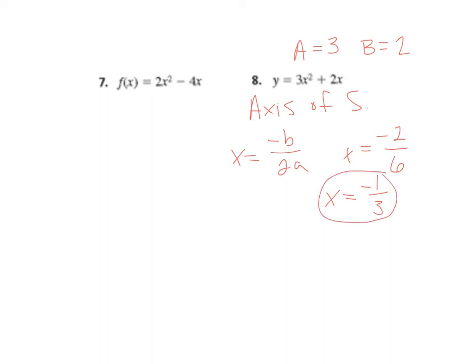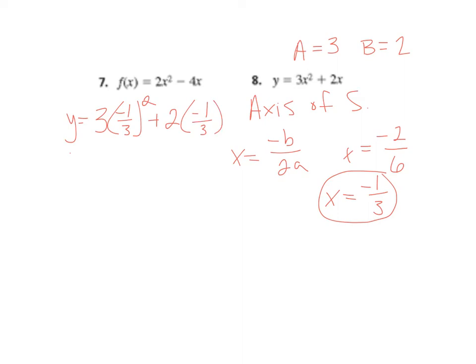And now to figure out our vertex, we're going to plug it in. Anytime we see an x, we're going to put in -1/3. So we're going to have y equals 3 times -1/3 squared plus 2 times -1/3.